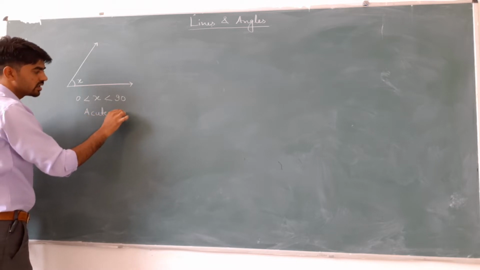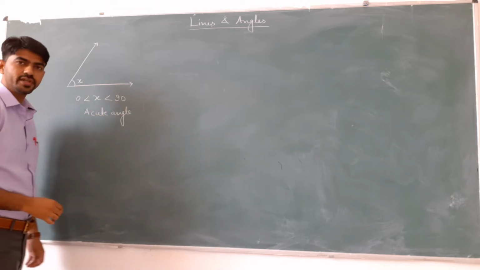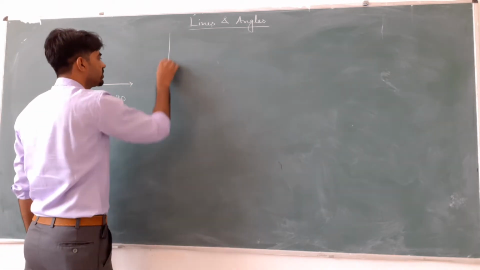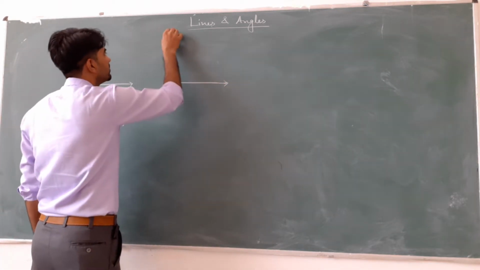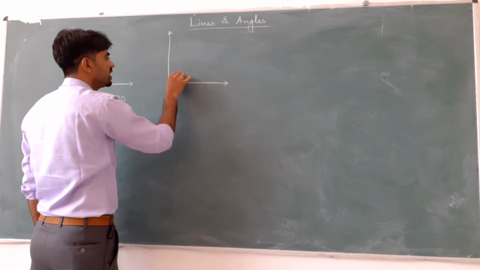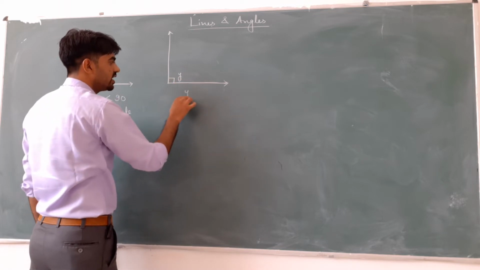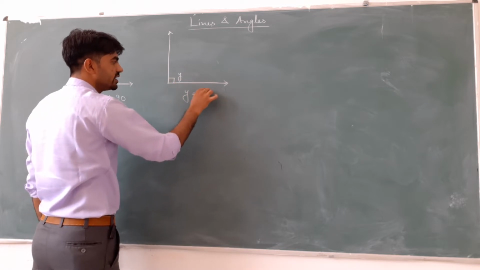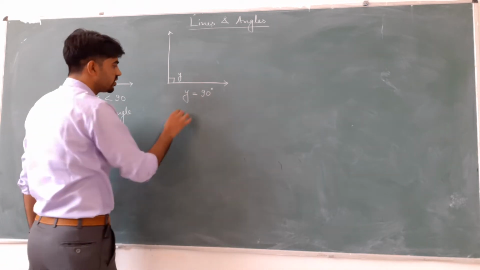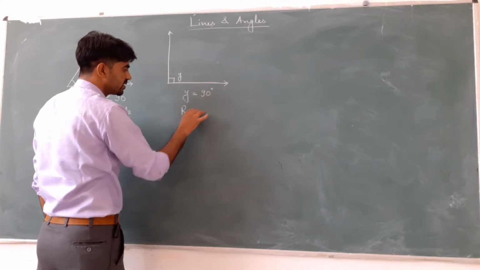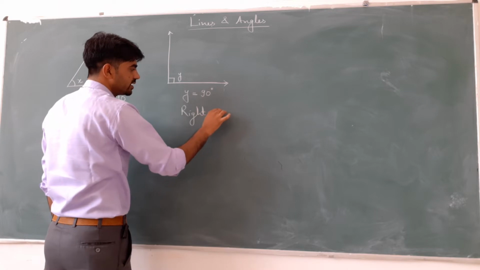Then suppose we have an angle, let it be y. So angle y which is equal to 90 degree is called right angle.